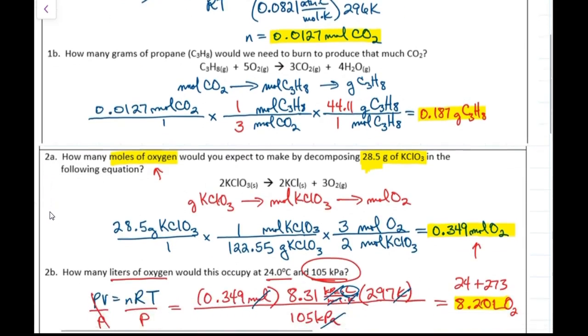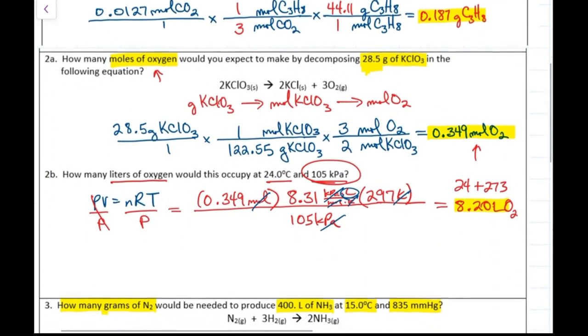If you look at question 2, A and B, here we are starting with grams and being asked ultimately, we go all the way down to question 2B, for volume of a gas. So because we are given grams and we're ending with liters, we are going to do the opposite.